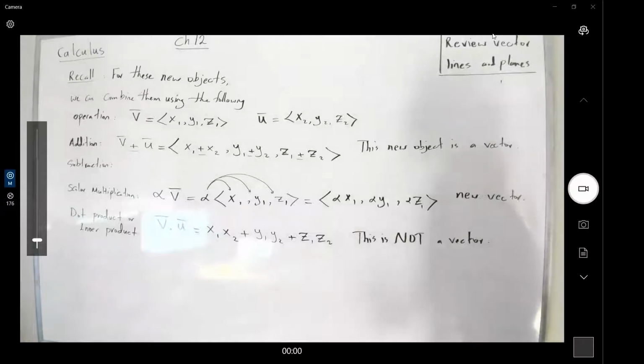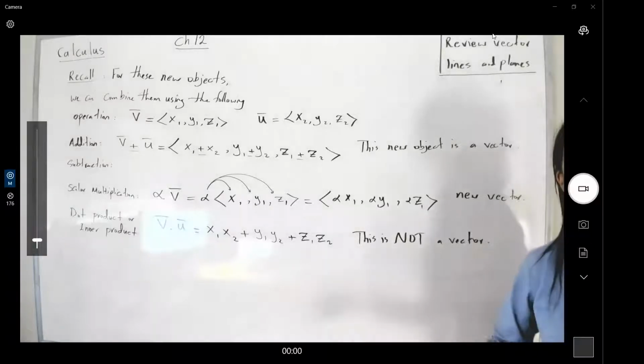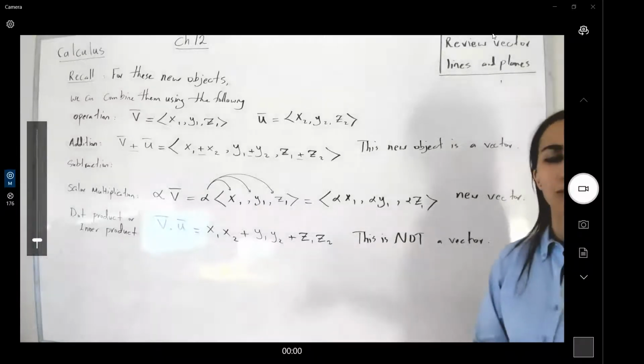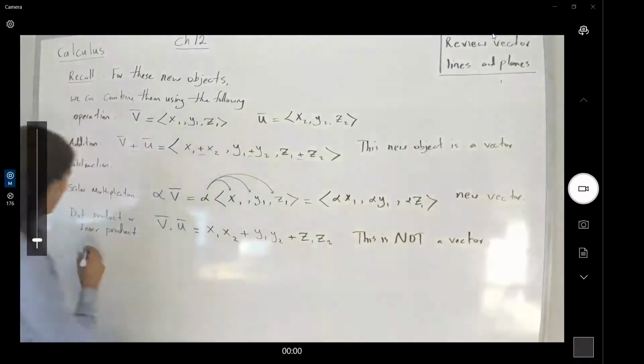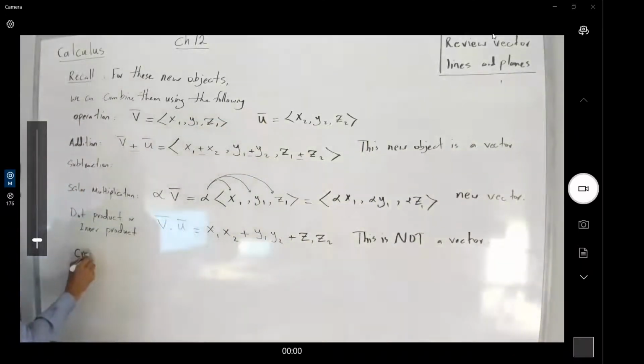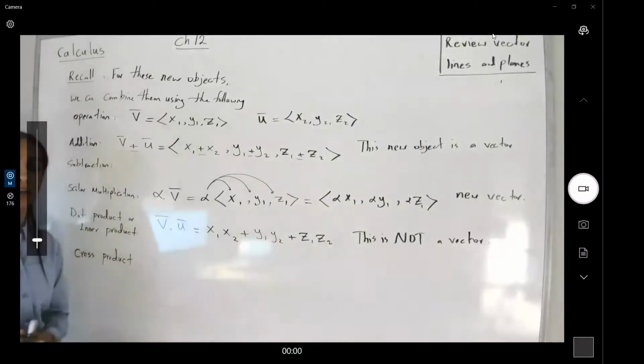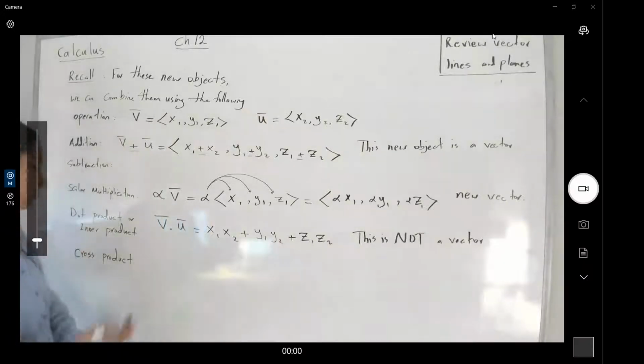And finally, we introduce cross product between two vectors. The way that we define cross product is when we use the determinant.